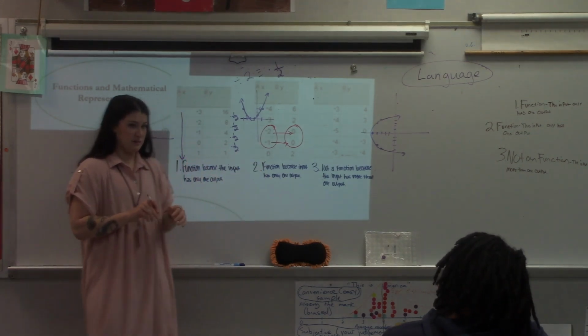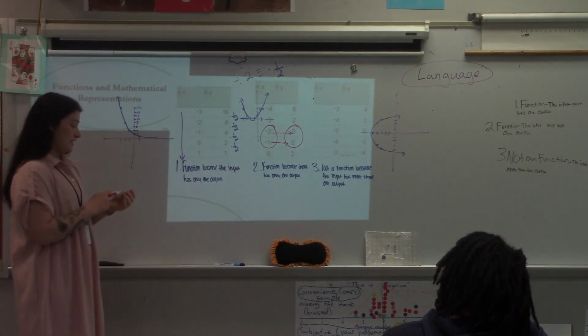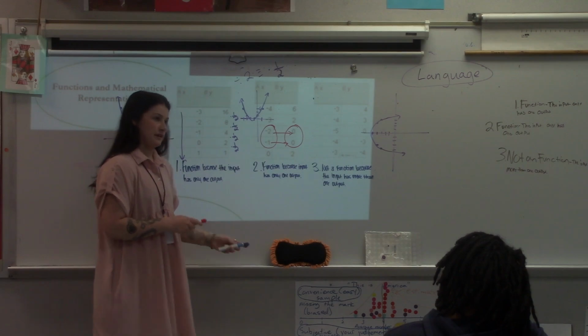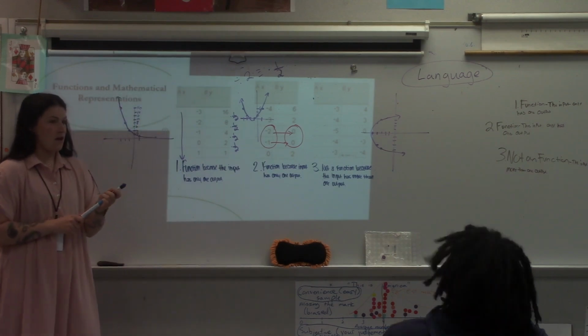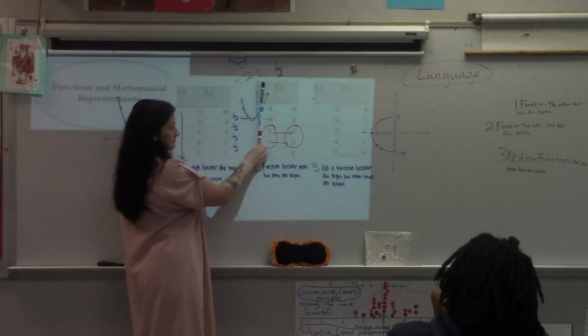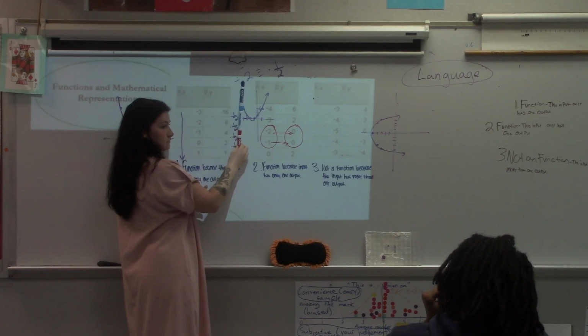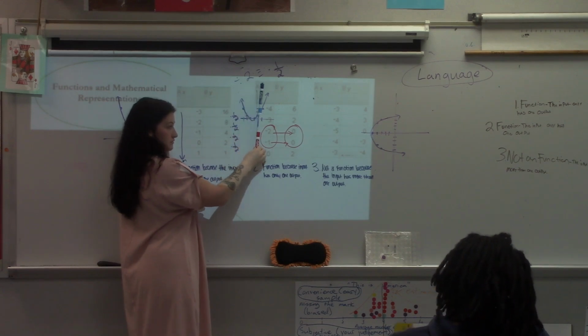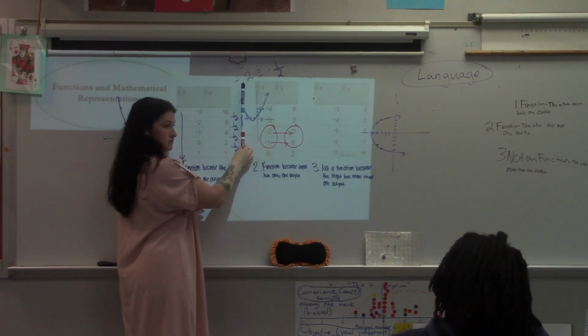Does that make a little bit of sense? But an easier way to figure that out when it gets tricky like that is what? The vertical line test. Does it pass it? I only heard one person say yes.